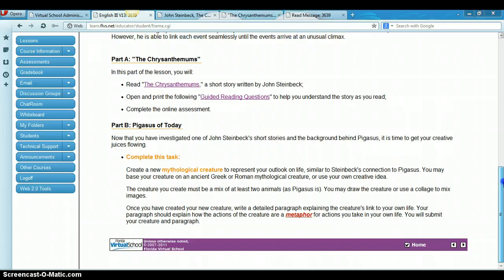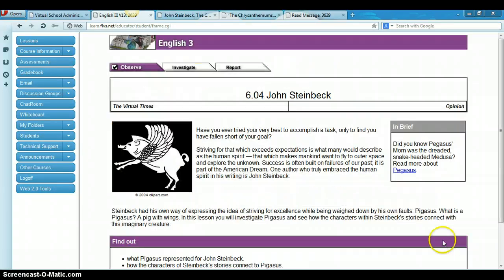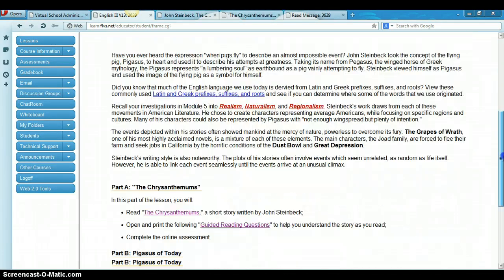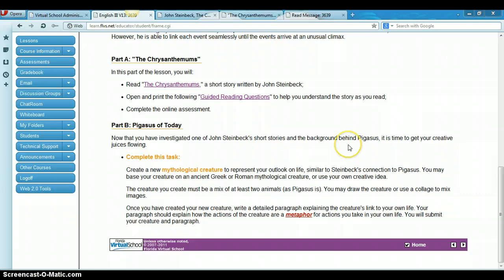Okay, for 604B, you are going to create a Pegasus. If you look back on this first page, it talks about what a Pegasus is, and it was an imaginary creature that Steinbeck made up. You can read more about it in the lesson, but basically you're going to create one of your own.